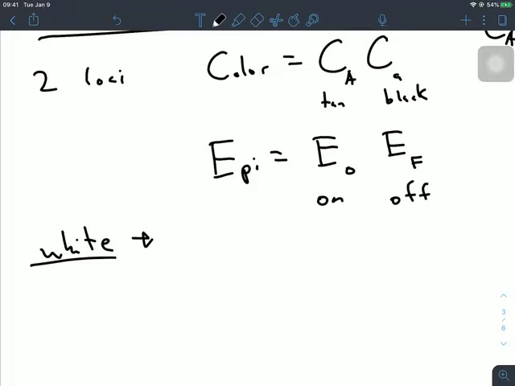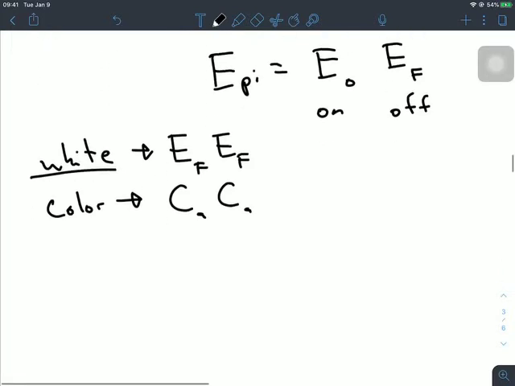It's homozygous at the epistatic controller, therefore they're white. But also that at their color loci, we know that they would make the black pigmentation if the epistatic controller was on. So we have one parent that is CA, CA, EF, EF.